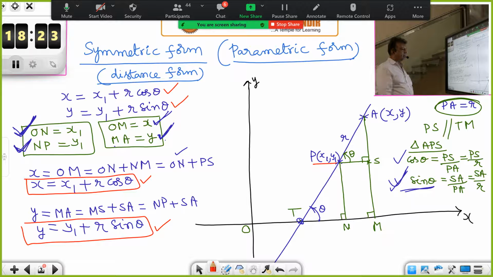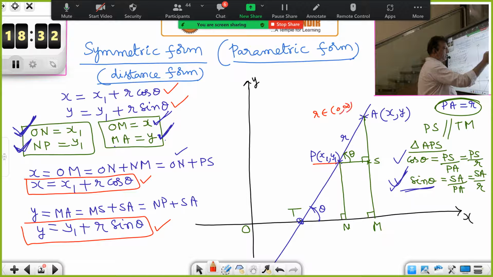0 to infinity. See in the diagram, all of you see the diagram. If I give r equal to 0 to infinity, I will get all the points on this side of the line. R is equal to 1, R is equal to 2, R is equal to 100, R is equal to 1000. So on this line we will go this side.